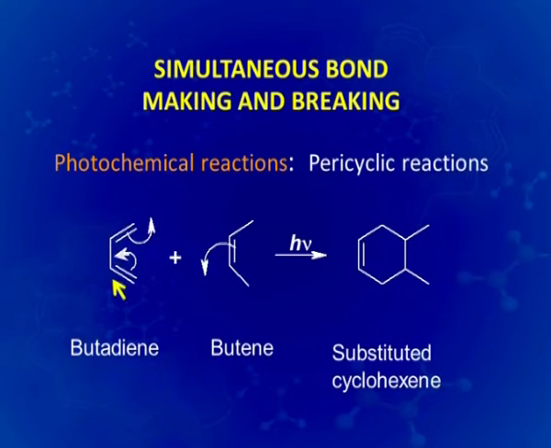This bond in turn gets shifted to a single bond, and a bond from the butene molecule gets shifted in between the butadiene and butene molecules. As a result, we get the formation of a substituted cyclohexene. So these types of reactions are called pericyclic reactions, wherein we have simultaneous bond breaking and bond making.